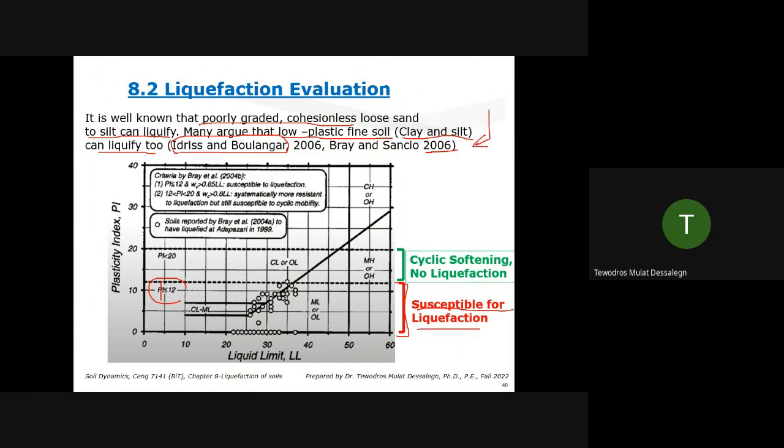So don't expect it to be only loose sand. Some silt and clay with low plasticity index can also liquefy. But if plasticity index is greater than 12, up to 20, cyclic softening, no liquefaction. It gets soft, but it doesn't liquefy. Beyond 20, we don't expect much in terms of liquefaction.